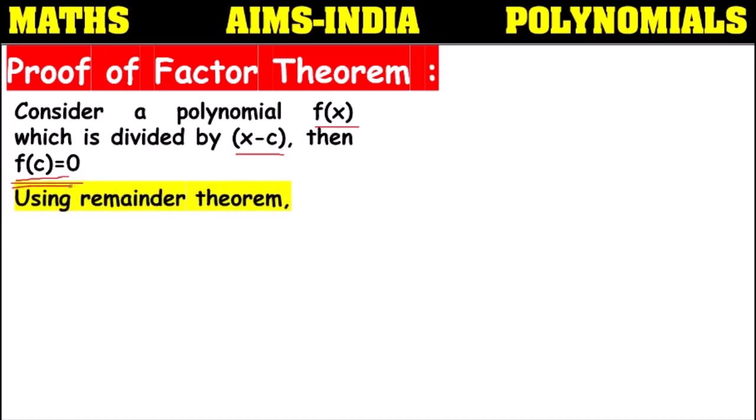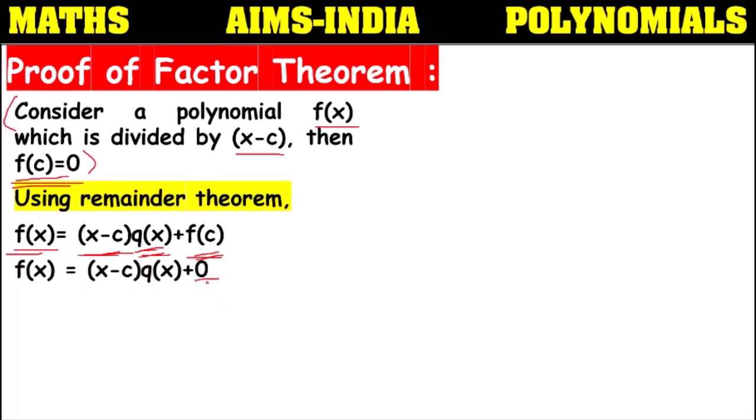So using the remainder theorem, how can we express this statement? f of x, the dividend, is divided by the divisor x minus c. Here we are dividing with x minus c, the divisor. We will get some quotient, we can name it as q of x, and we will get the remainder f of c.